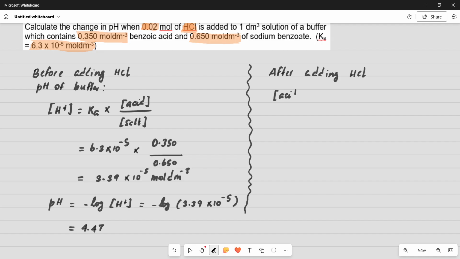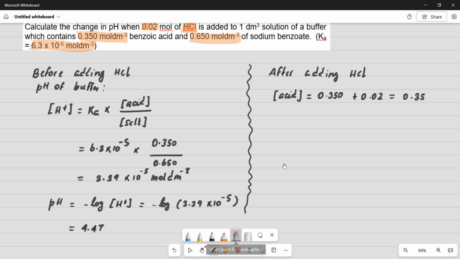The new concentration of the acid is going to be the old one, 0.350, plus the amount of strong acid added, which is 0.02. So you get 0.37 moles per decimeter cube as the concentration of acid.